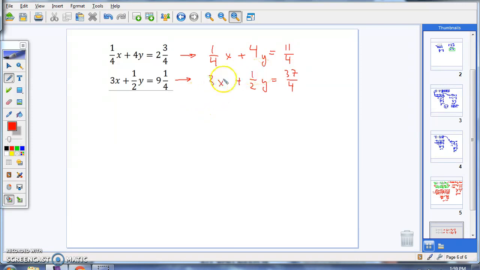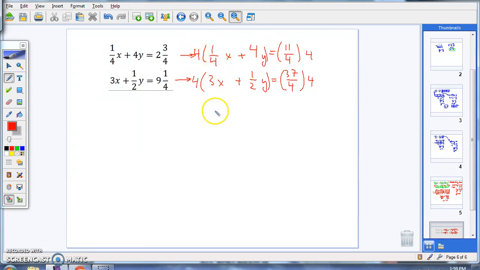Now, I'm going to multiply everything by 4. The reason is that 4 is the largest common denominator for all of these numbers, and by doing this, I clear all of the fractions.